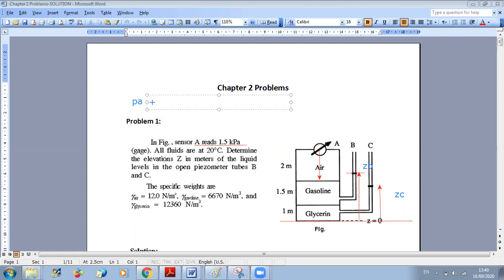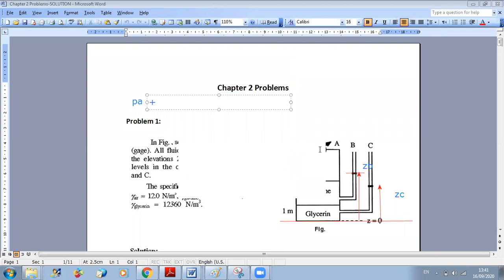Okay? So you are imposing a certain pressure at point A and it is given. They said that the sensor at A is reading 1.5 kilopascal. So the pressure at point A is known. Since you know the pressure at point A, you can determine the pressure at other points you are interested in. So first, you start from A, you know that it is 1.5 kilopascal.